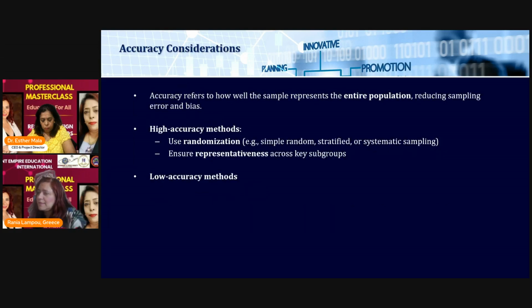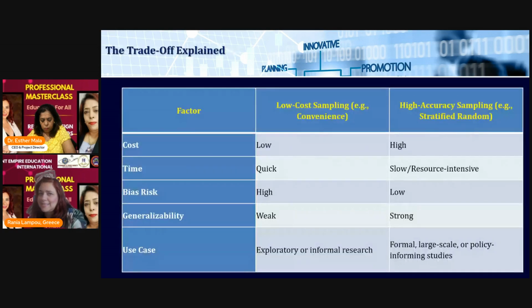On accuracy, accuracy refers to how well the sample represents the entire population, and this reduces, of course, the bias. High accuracy methods are those where we use randomization, or where we need to ensure representativeness across key subgroups. On the other hand, we have low accuracy methods, which rely on non-probability techniques, prone to selection bias and limited generalizability.